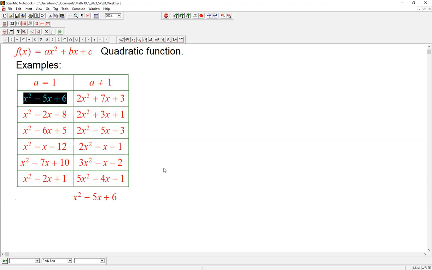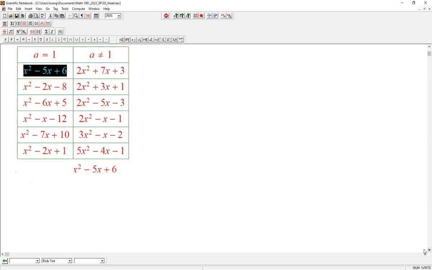I take the first one. This is the one that you are probably most familiar with. The way I set it up is that you notice there's a 1 here, and 1 equals 1 times 1.